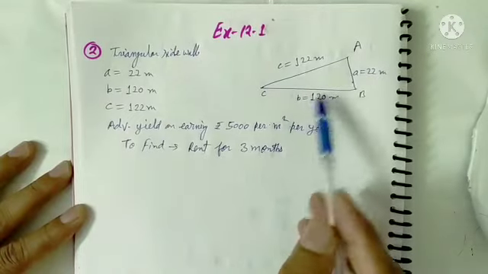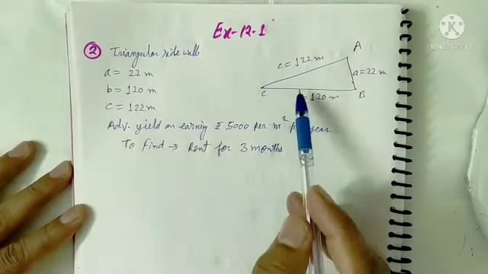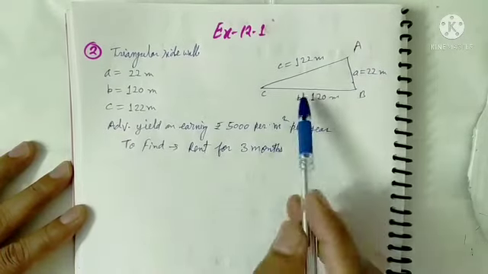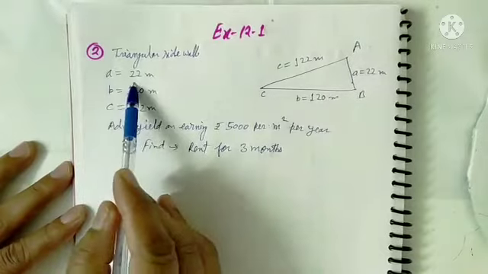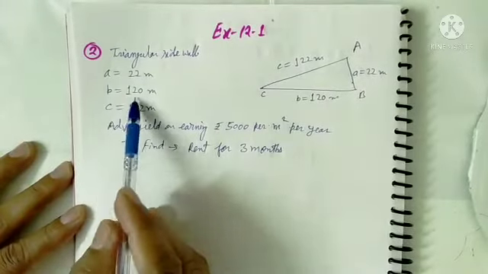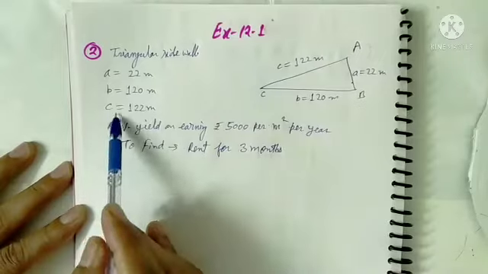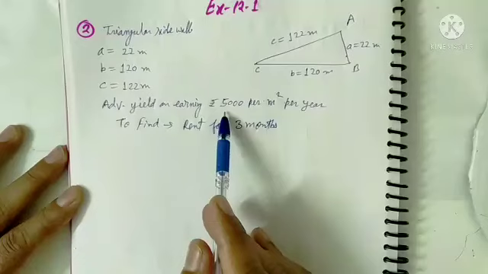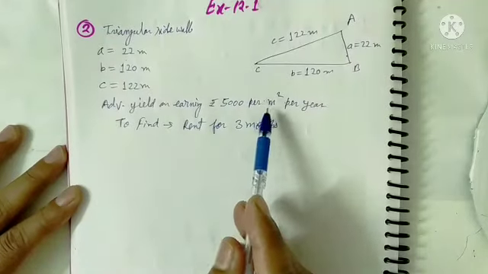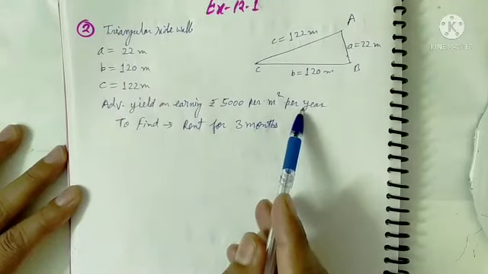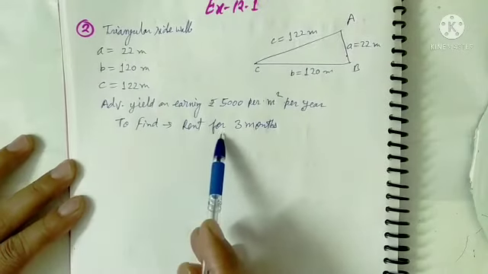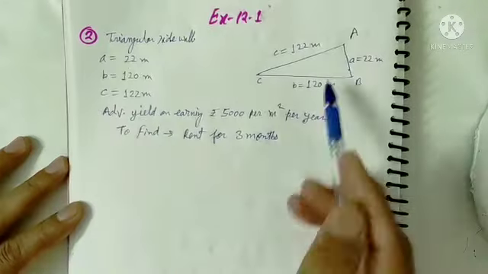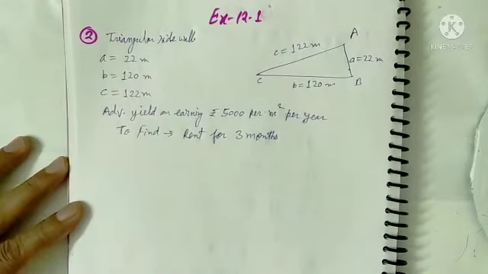The company is painting advertisements on this wall and paying money as rent for the wall. The sides of the wall are A 22 meters, B 120 meters, and the third side C is 122 meters. Advertising yields earnings of 5,000 rupees per meter square per year, for 12 months. We have to find the rent charged for 3 months. So first of all you have to find the area of this wall. Then we'll calculate the charge also.